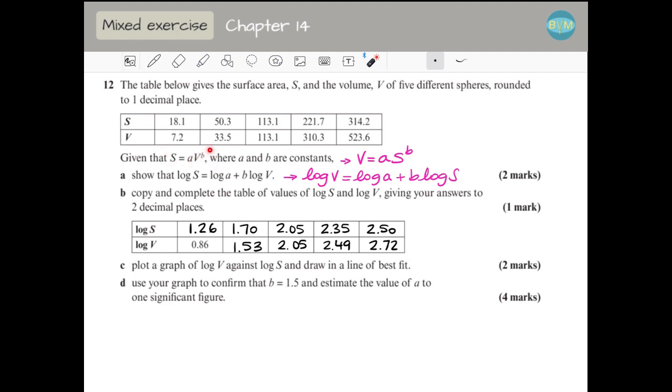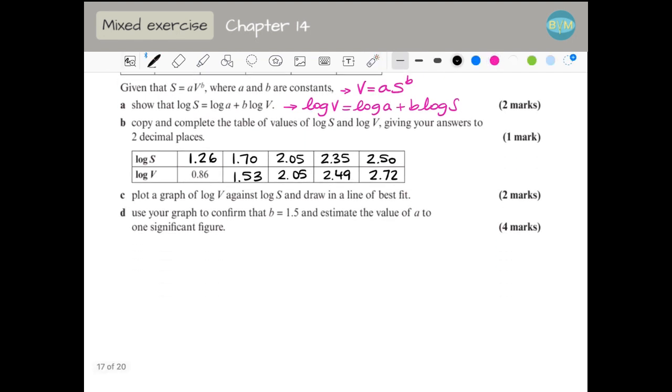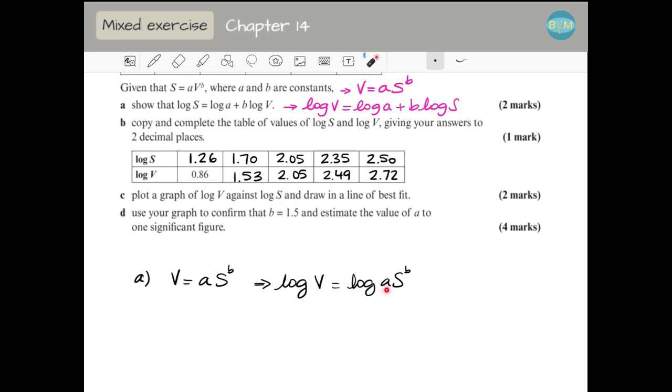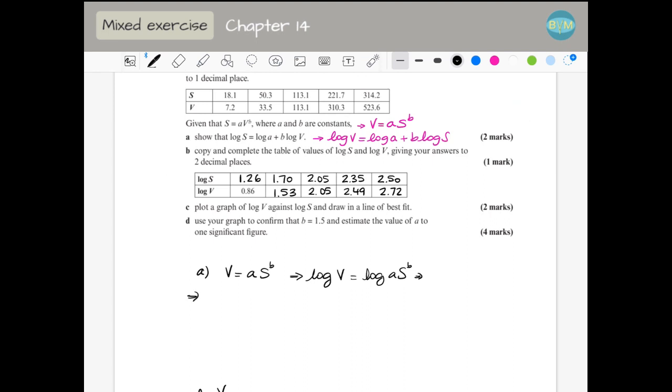Regardless of the question being like this or like this, we are going to take logs. So if our expression is V equals A S to the power of B, when we take logs, we have log V is log of A S to the power of B. Using the properties of the logs, I have a product, so I can write this as log V is log A plus log S to the power of B. And again, using the properties of the logs, this B can go to the front.